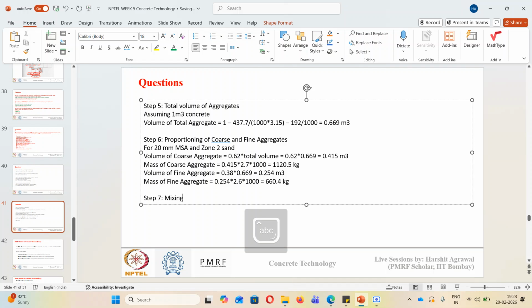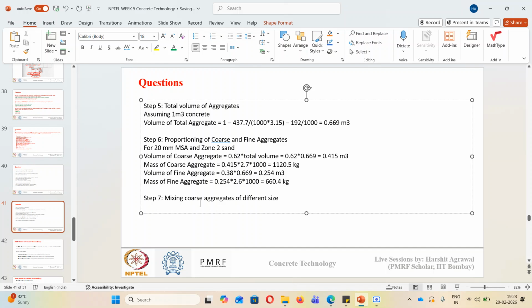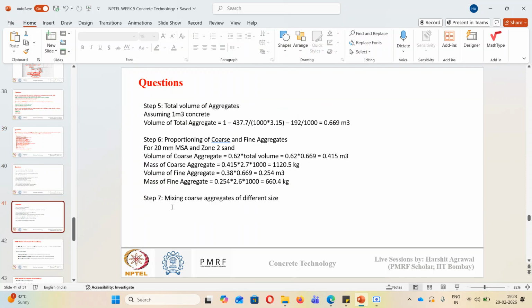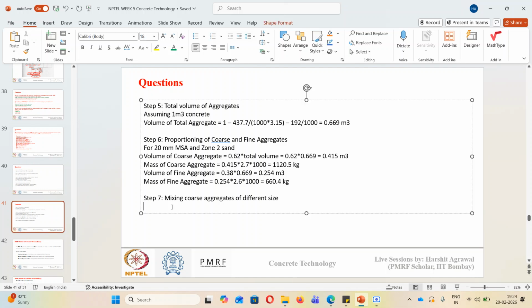Okay, now step 7, mixing coarse aggregates of different size. To achieve a nominal maximum aggregate size of 20 mm, we need exact sieve analysis data, which is not given in this question right now. So we need to opt for general practice used on field.